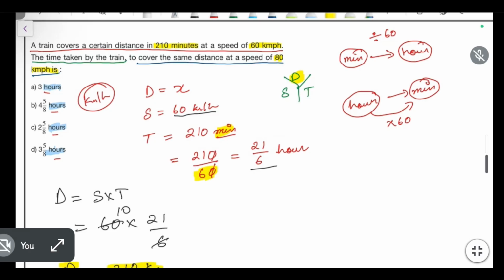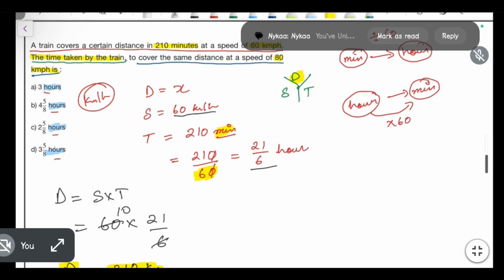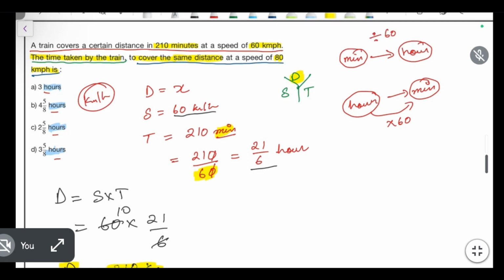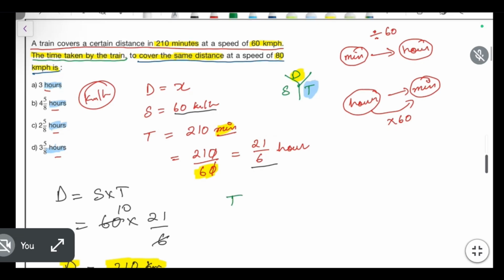Let's go to the second part of the question. The second part of the question says the time taken by the train to cover the same distance, that means we are talking about this same distance, at a speed of 80 kilometer per hour. So now in this case, we need to find the time taken. The formula was time is equal to distance divided by speed.